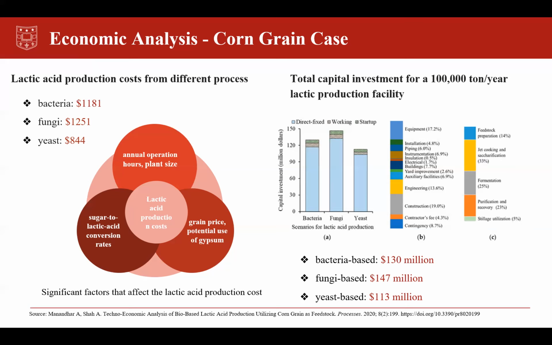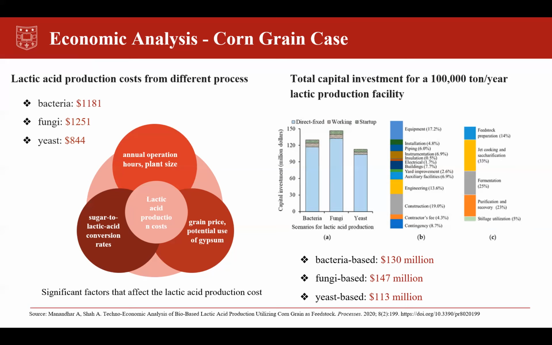So in this condition, the production cost of lactic acid from corn grain is about $1,181 per ton for the bacteria-based pathway, $1,251 per ton for the fungi-based pathway, and $844 per ton for the yeast-based pathway.